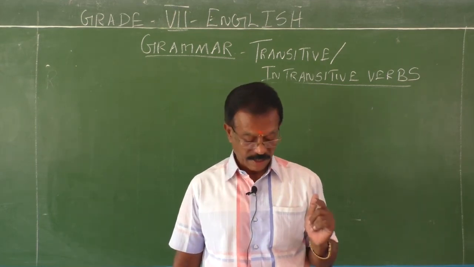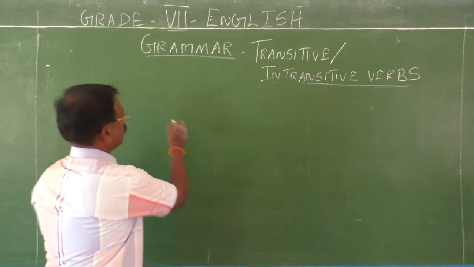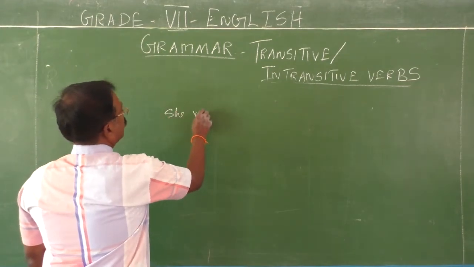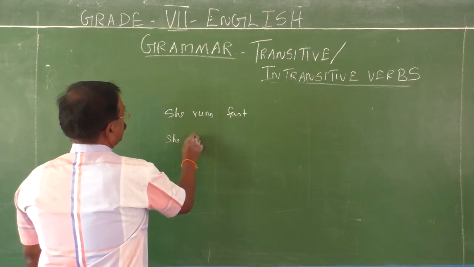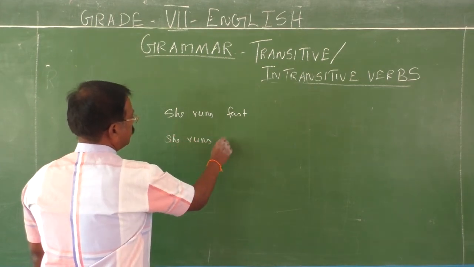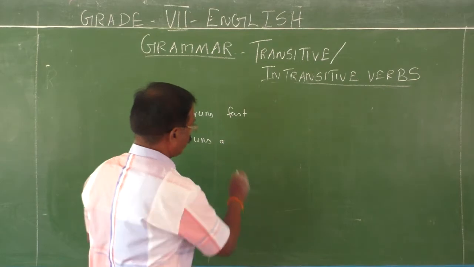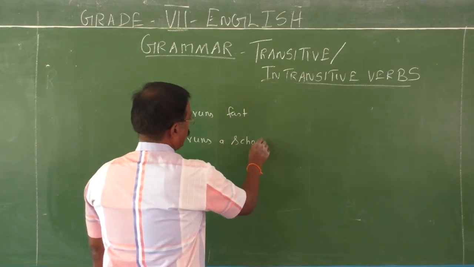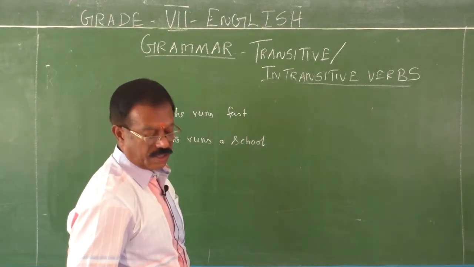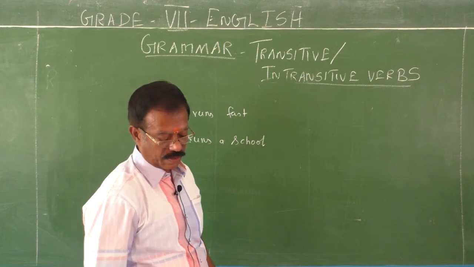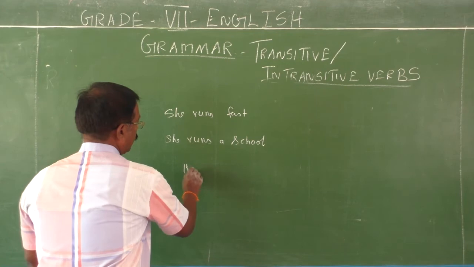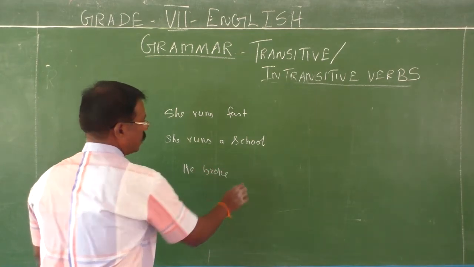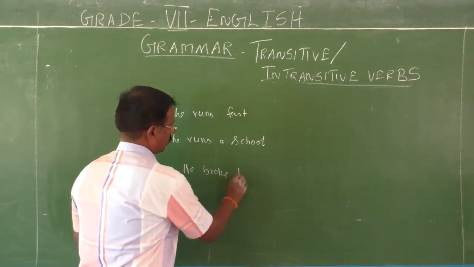That's very important. For example, she runs fast. She runs a school. See these two examples just to compare. She runs fast, she runs a school. And he broke the jar.